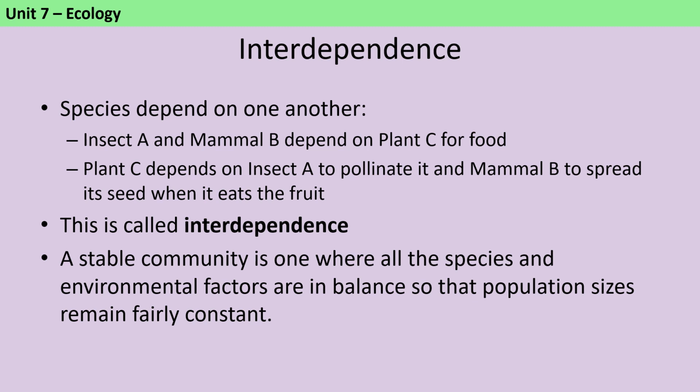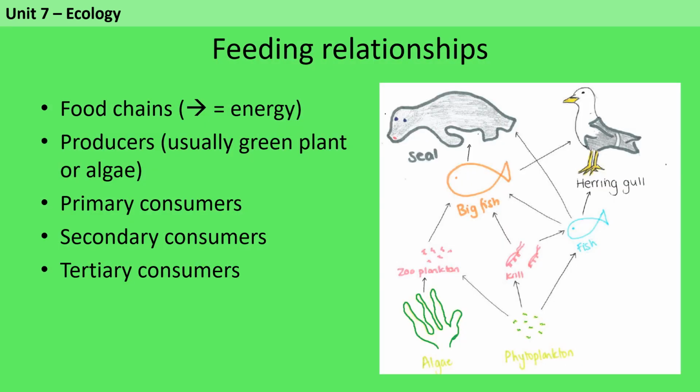remain fairly constant. Feeding relationships in an ecosystem can be represented by food chains, which can be put together to make a food web like this one. In each food chain, the direction of energy transfer is shown by the arrows. Every food chain begins with an organism that can synthesize molecules containing energy, and we call these organisms producers. Most producers are green plants or algae making glucose by photosynthesis.